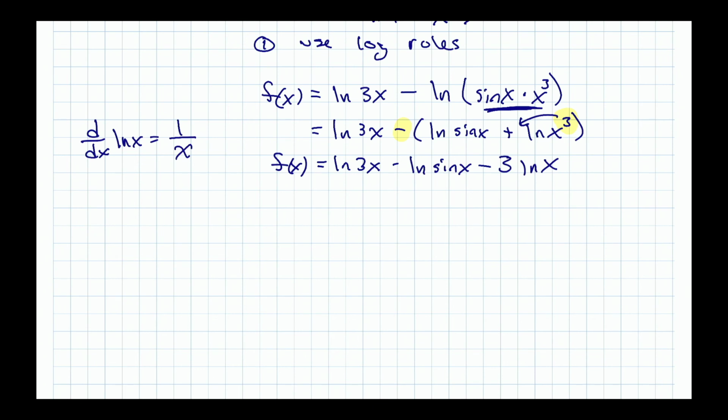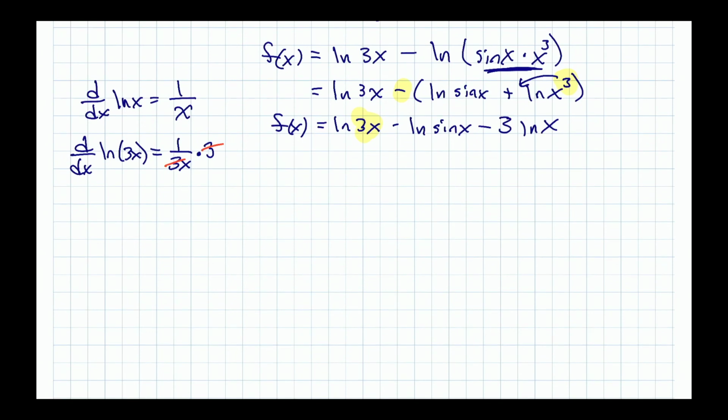And technically I could split up this right here into two logs, but I'm not going to bother because when you do the derivative of ln 3x, it's 1 over 3x times the derivative of what's inside for the chain rule, which is just 3, and then your 3's just cancel. So that's easy enough that I don't need to split it up.